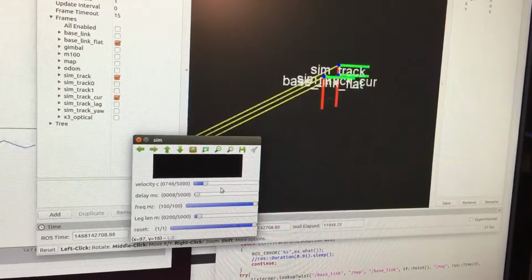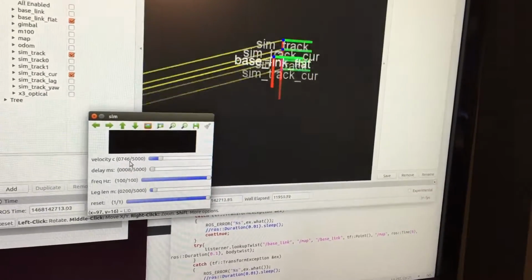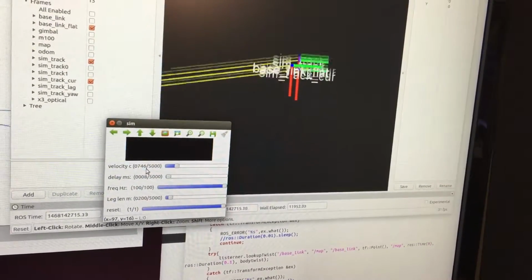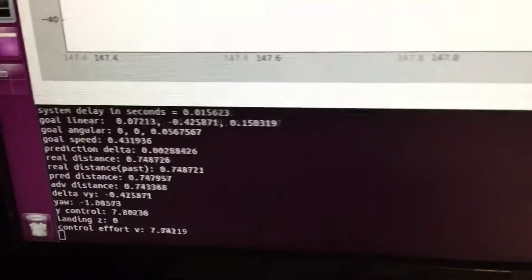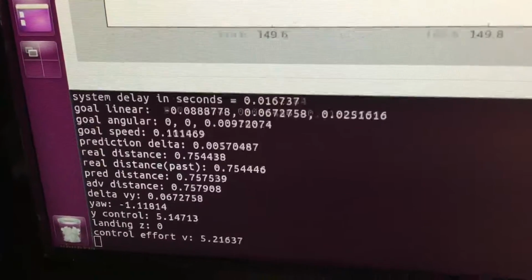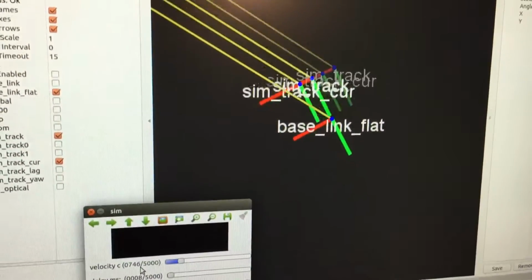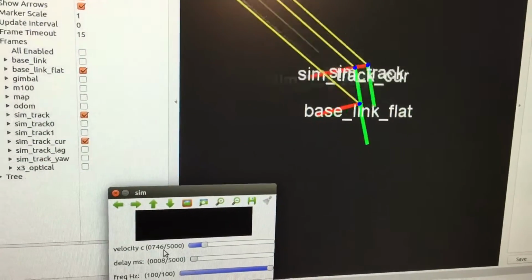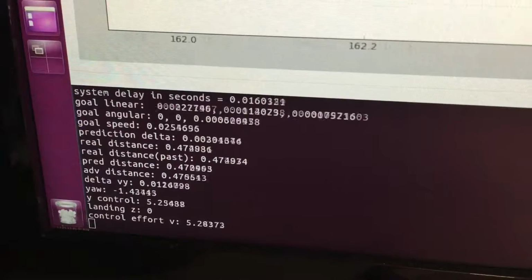Here we have an example where it's tracking at 7.46 meters per second. The distance is, well, it's currently in a turn, so as it usually does in a turn, it's off a little bit, but even in a turn, it's only off by half a meter.